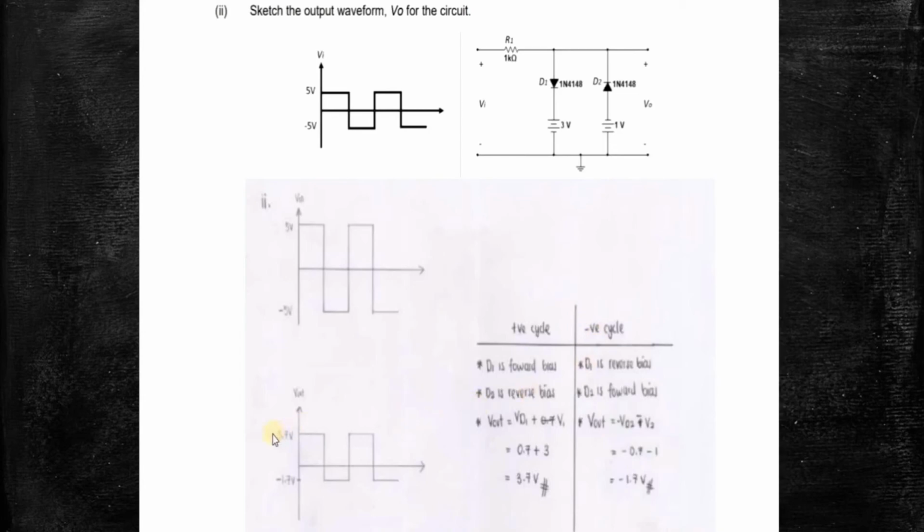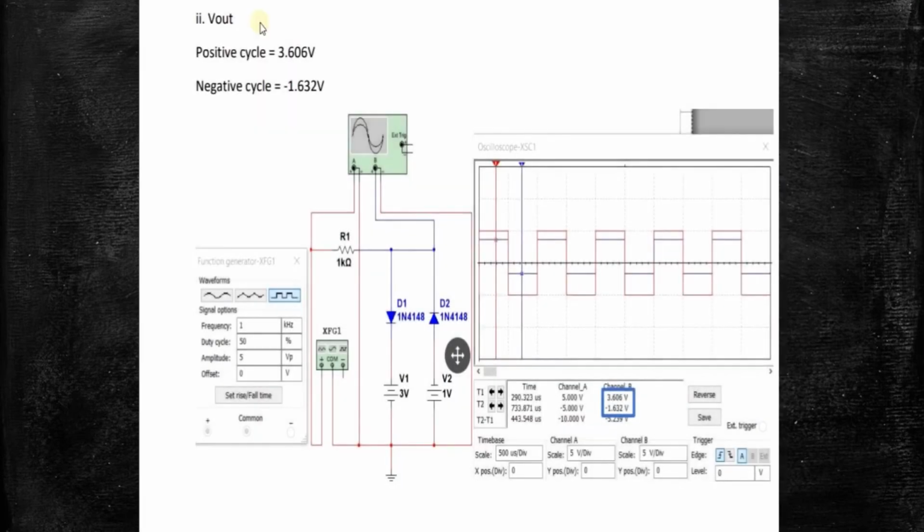Now we have the output voltage, so we can draw our output waveform. Next, we move to the simulation. So here is our circuit. First we set the function generator to a square waveform with amplitude 5 volt. When we run this circuit, the output is going to be like this.